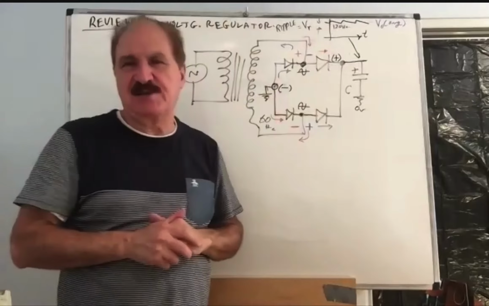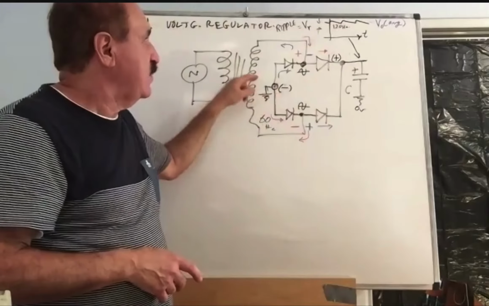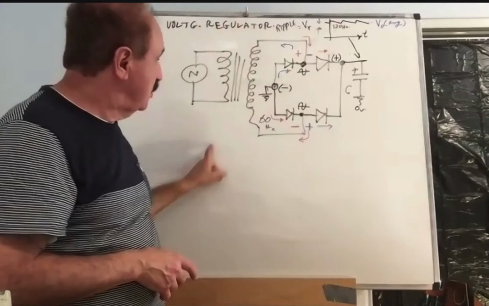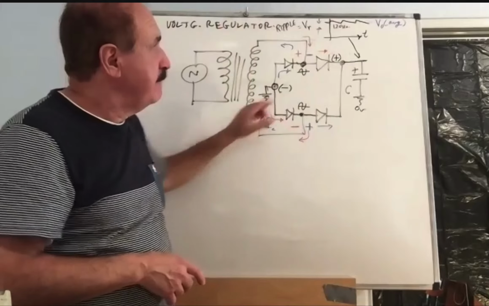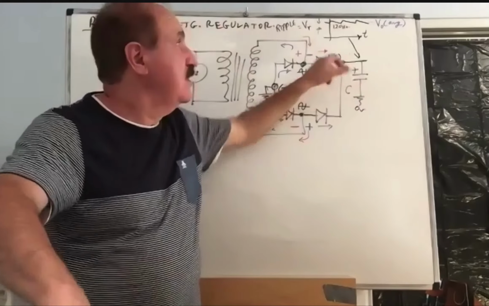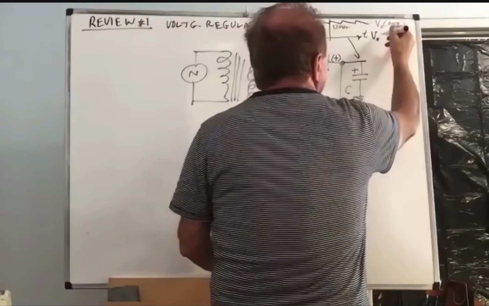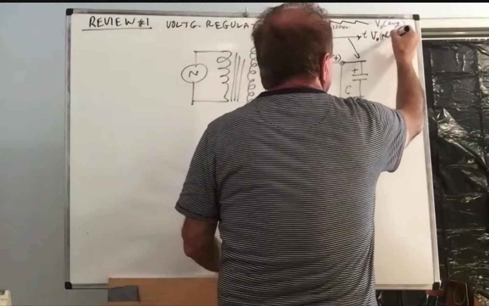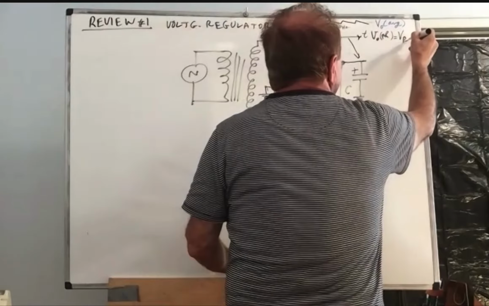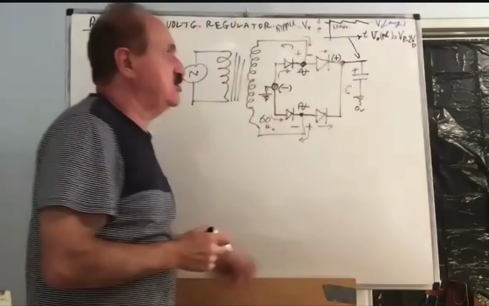The only disadvantage of the bridge rectifier is the following: whenever the secondary voltage peaks, it gets to the peak of the sine wave, the voltage that comes at the output, VO peak, will be equal to VP minus twice VD, 2 diode voltages.